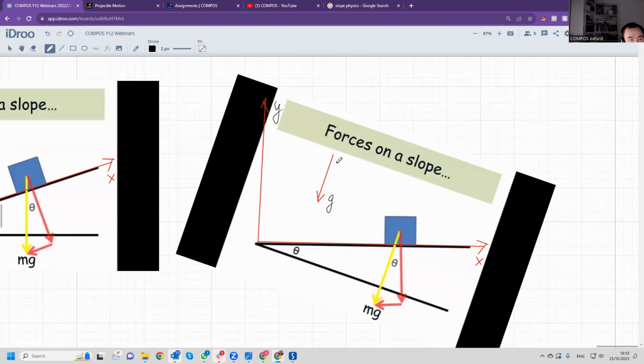The acceleration now has components. It has a component in this direction and a component in this direction. So if this is theta, this is g cos theta, and this is g sine theta. Does it make a difference whether you're on a slope and there's gravity, or the gravity is not? Well, I don't know.